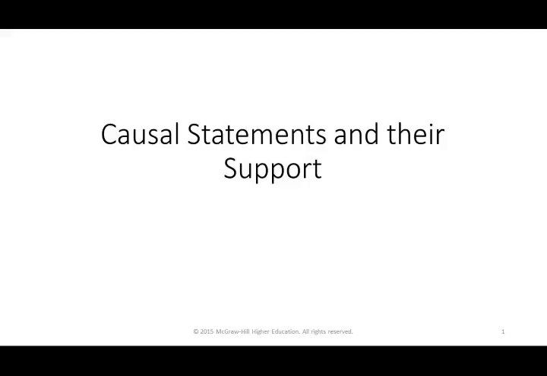And how do we know that that's true? How do we support, or how do we argue, or how do we reason to correct cause and effect statements? Now, to some of you, this is going to seem like kind of a silly question, but let me try to motivate it a little bit here.